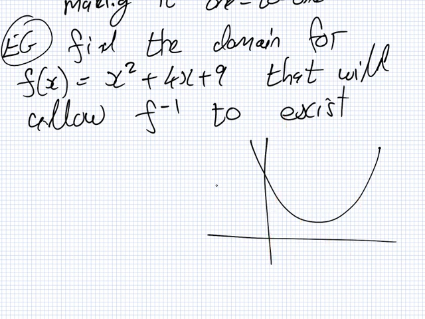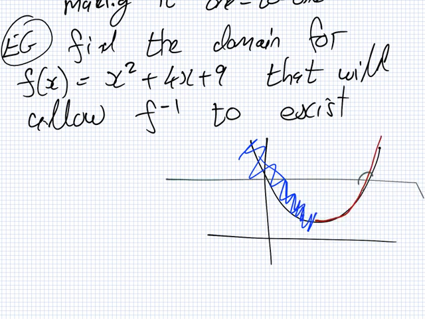The problem is horizontally it crosses twice. So how do I fix that? Well, easy. I can delete half the graph. If I delete this half and only keep this piece, then when I draw a horizontal line, how many times does it cross it? Once.